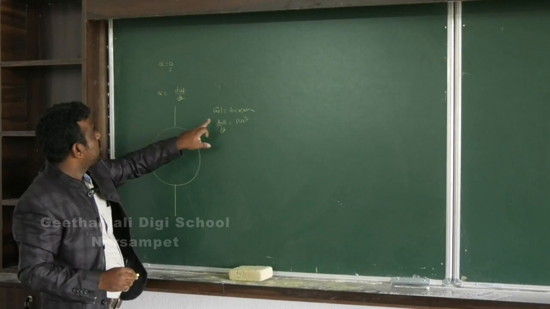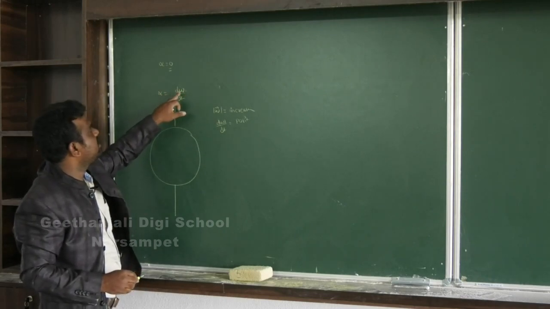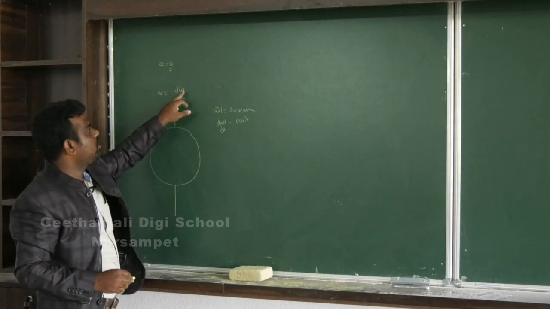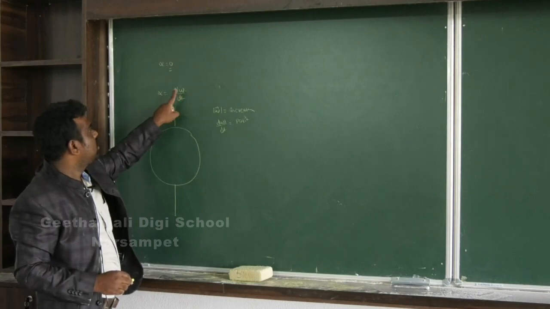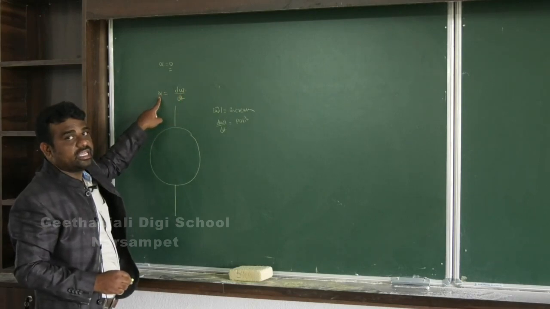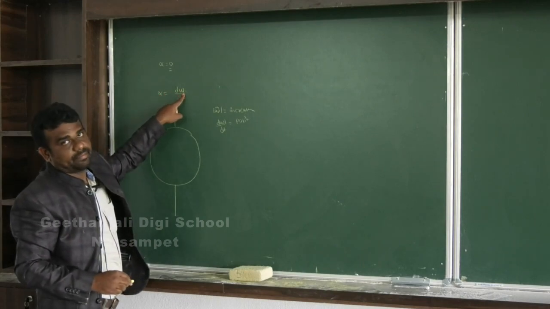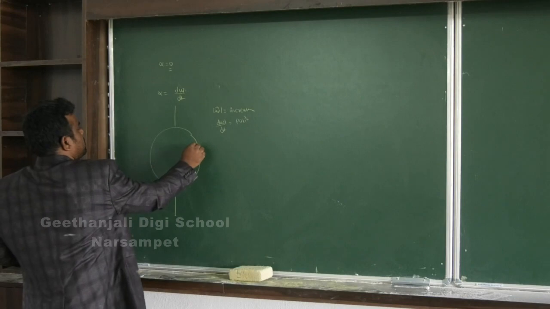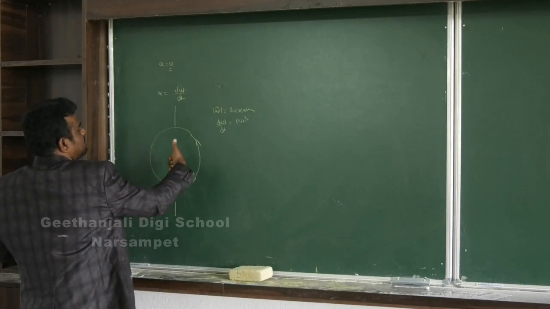Positive means alpha and omega are both in the same direction. When angular velocity increases, then angular acceleration is parallel to angular velocity. Suppose it is moving in the anti-clockwise sense like this.